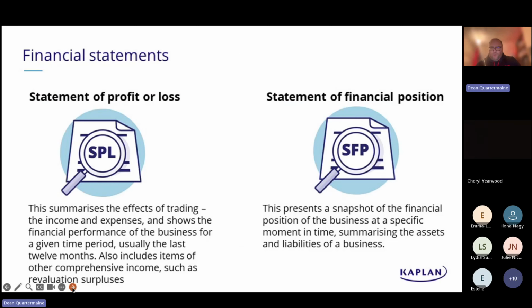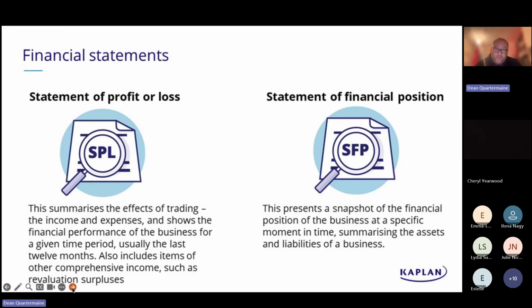Right. So therefore, what do the key financial statements look like? Again, there's some slight differences which we're going to talk about, but ultimately, a statement of profit or loss, believe it or not, shows exactly that. It summarises the effects of trading, so income and expenses, and therefore shows the financial performance of the business for a given period of time, which typically would be 12 months.